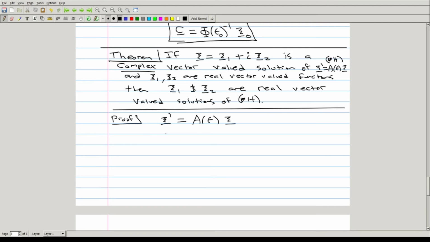we know that this means xi is this complex vector valued function, where xi1 and xi2 are real vector valued functions. So this will be xi1 prime plus I times xi2 prime, where I is the imaginary unit. And A of T times xi will be the matrix A of T times xi1 plus I times xi2.